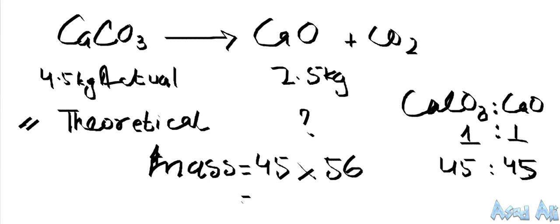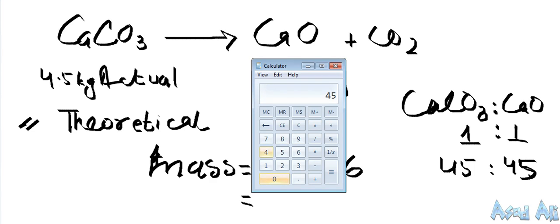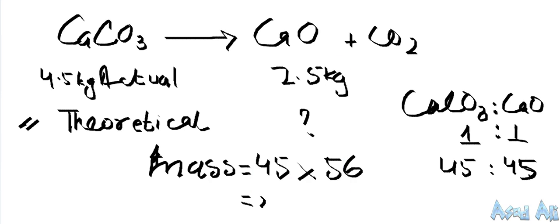We'll multiply 45 with 56, which will give 2520 kilograms of quicklime. Now we will have to find out the percentage yield.